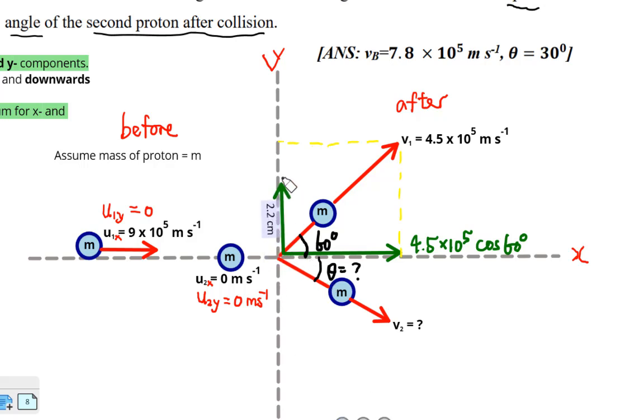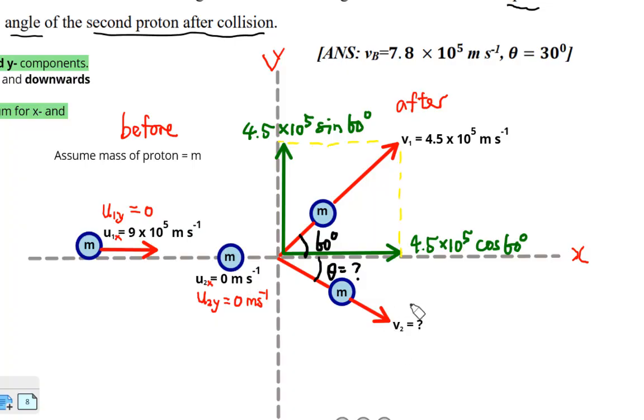Then I have also the component y. The component y for the velocity v1 will be 4.5 × 10^5 sin 60. Okay, so I have broken down v1 into its component x and also component y.